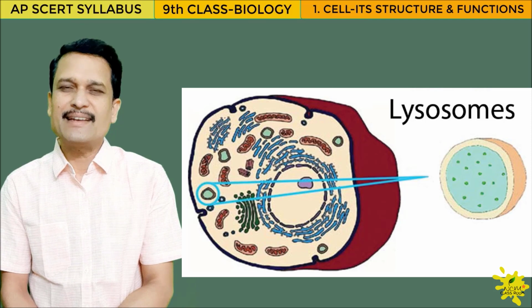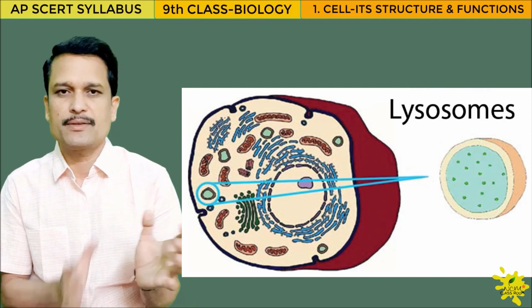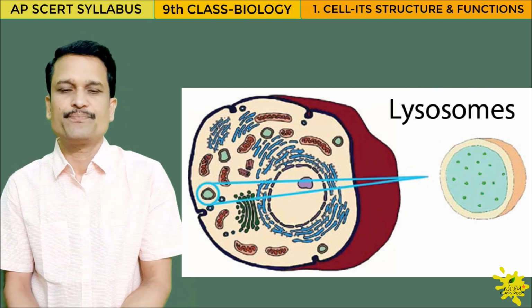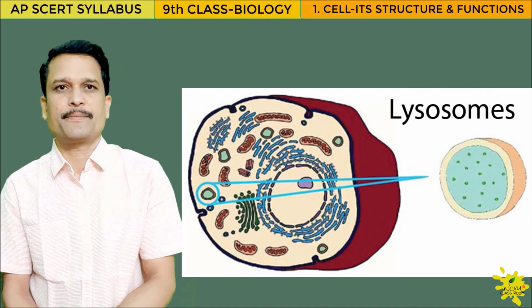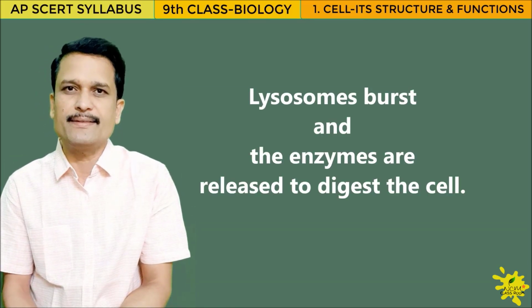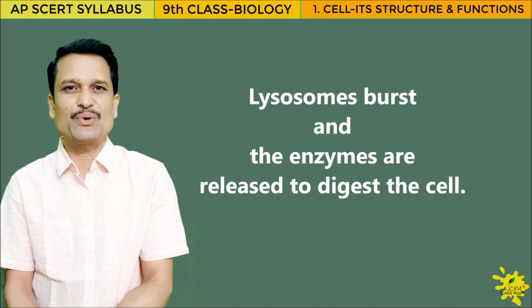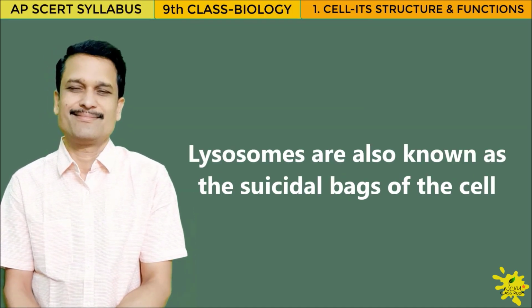The materials that need to be destroyed are transported to the lysosomes. Usually the substances are transported, and then the lysosomes get them digested. At times the lysosomes burst and the enzymes are released to digest the cell. So these lysosomes are called suicidal bags of the cell.